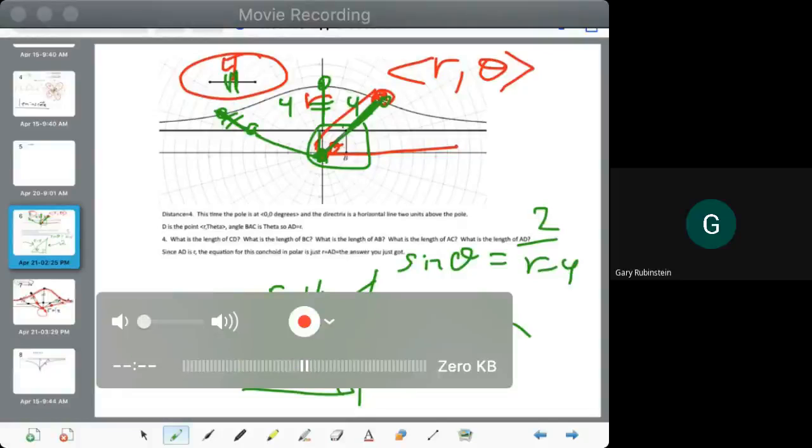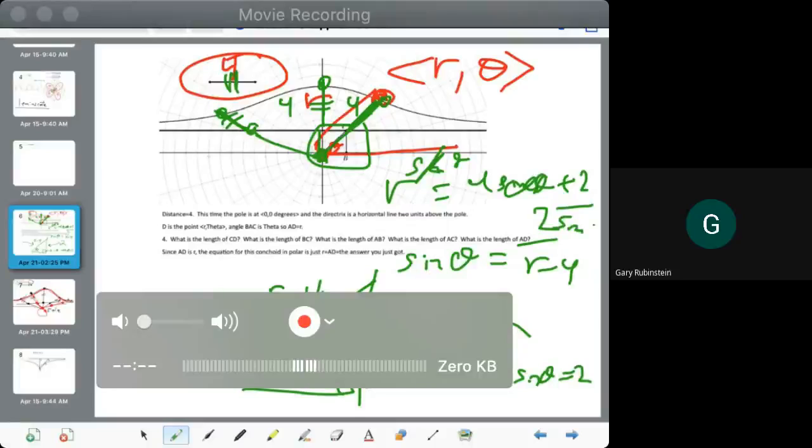Cross multiply: r sine theta minus 4 sine theta equals 2. Then if you add 4 sine theta to both sides, you get r sine theta equals 4 sine theta plus 2. Then if you divide both sides by sine theta, you end up with r equals 4 plus 2 over sine theta.